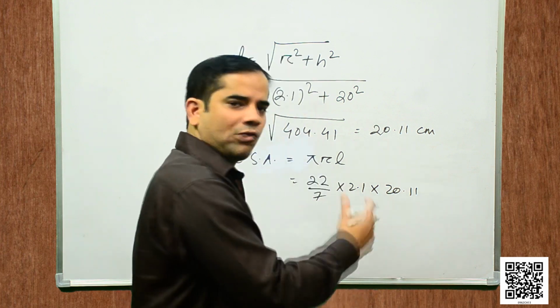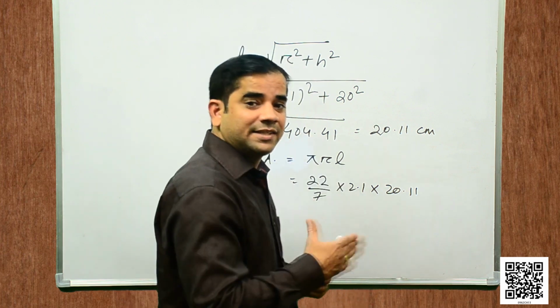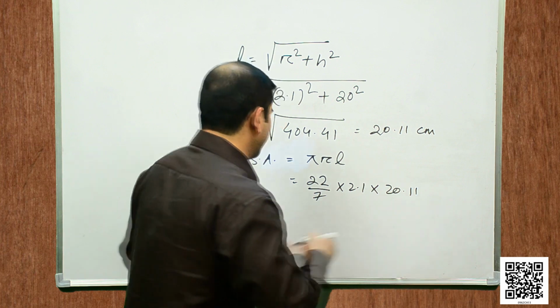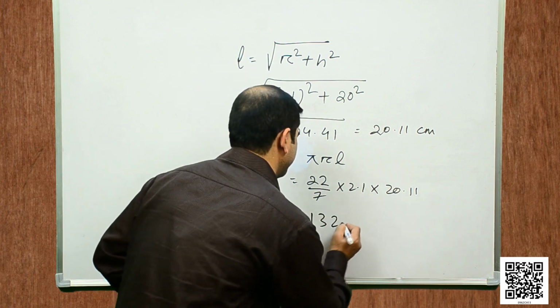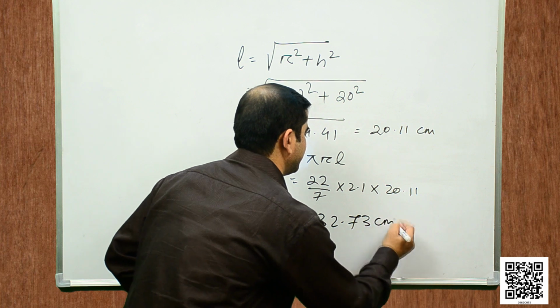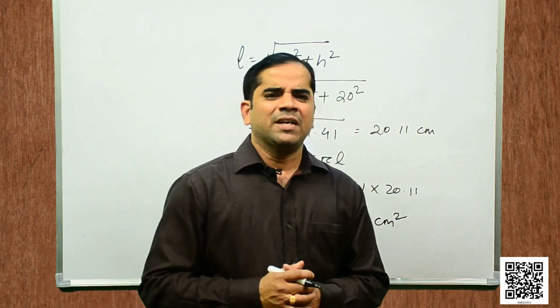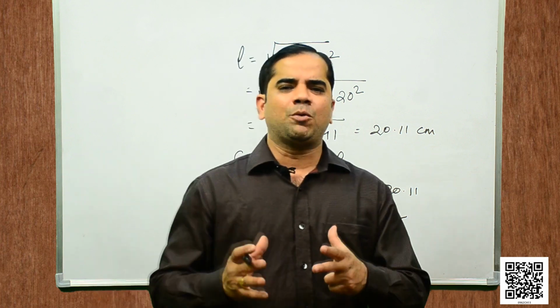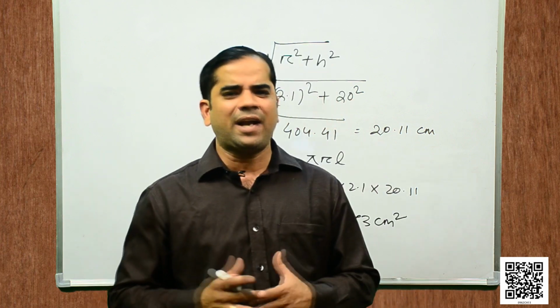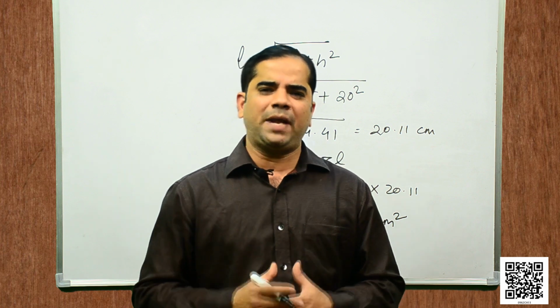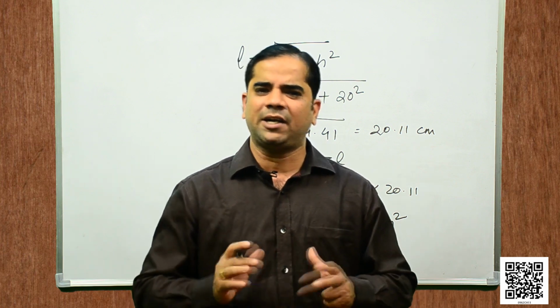So, when we calculate, we will have the result 132.73 centimeter square. Okay. It will be about 132.726 centimeter square and the approximate value will be 132.73 centimeter square.